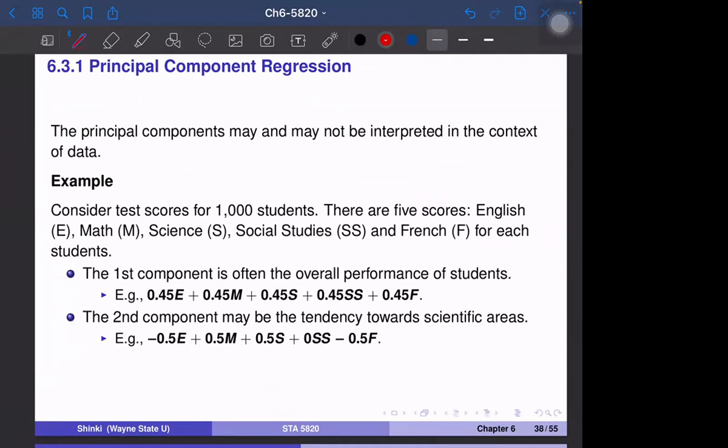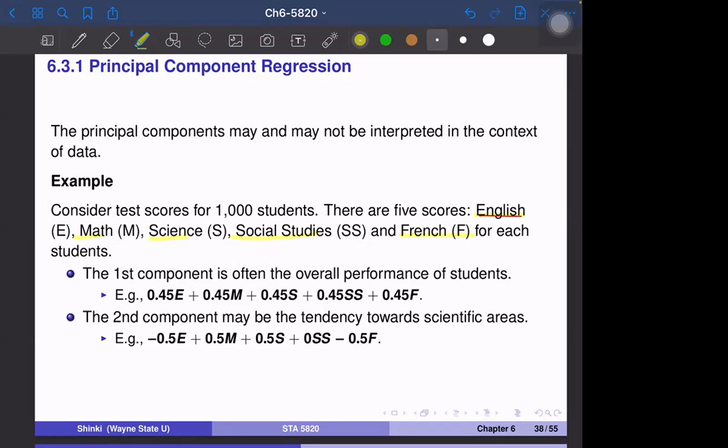For example, consider the test scores for 1,000 students. There are 5 scores: English, math, science, social studies, and French. So each student has 5 data points.